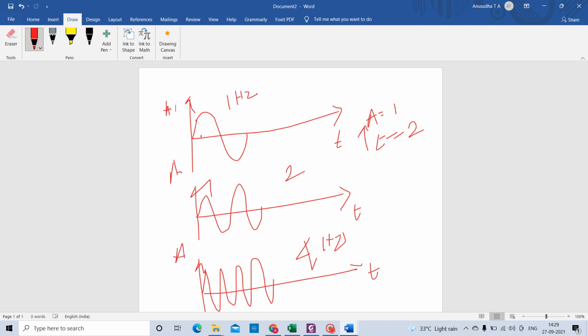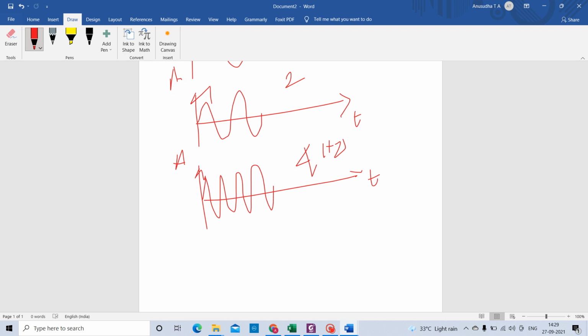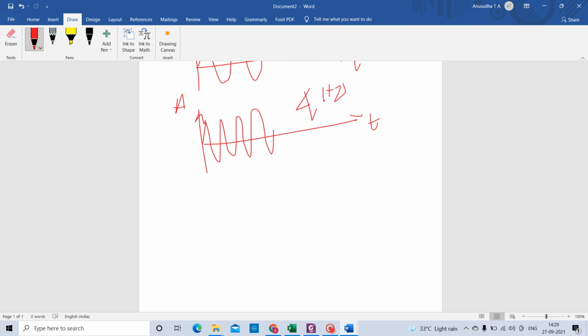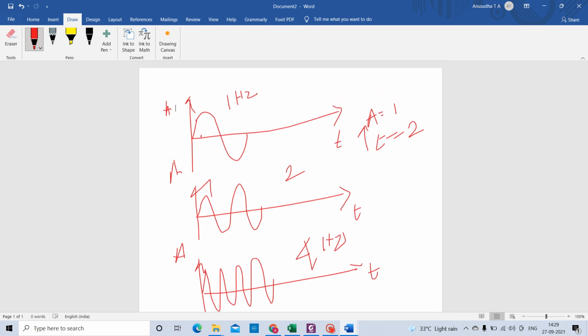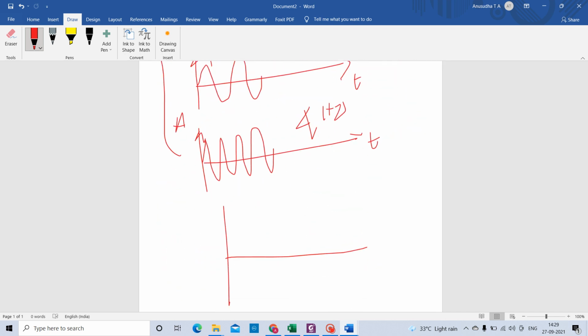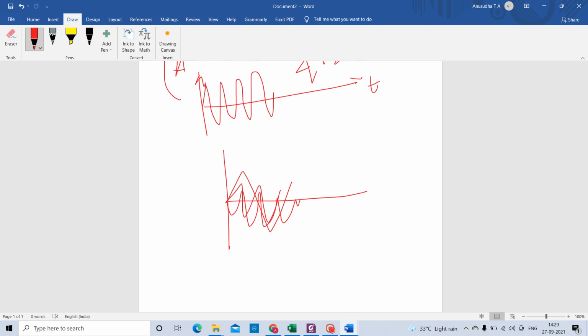Usually while receiving the signal, at the receiver, it combines all three signals. We will get 1 hertz, 2 hertz, then 3 hertz, like that. In this time domain, it is very difficult to determine.